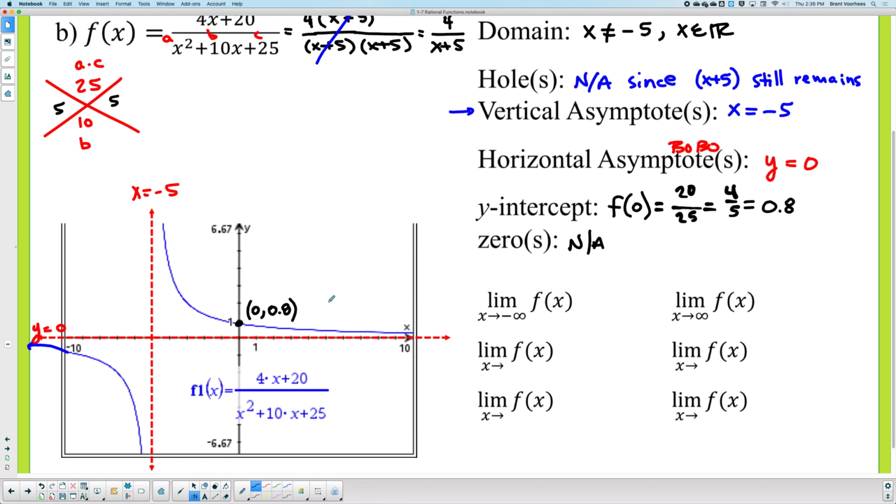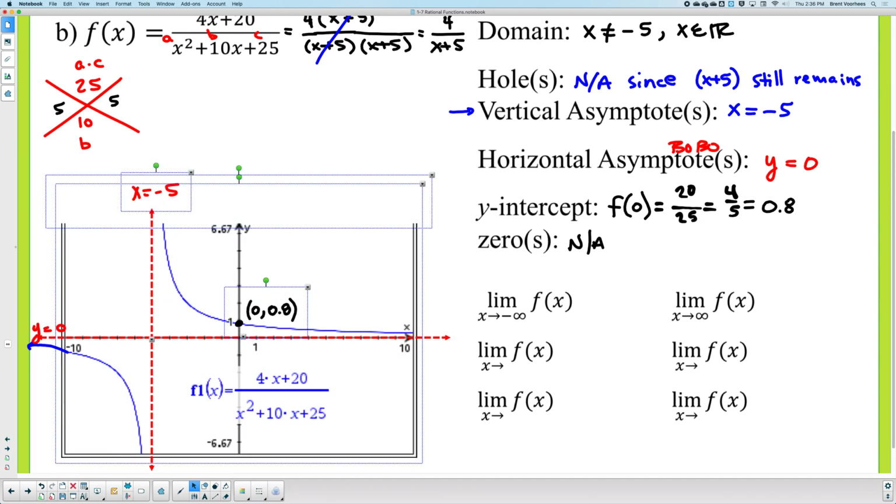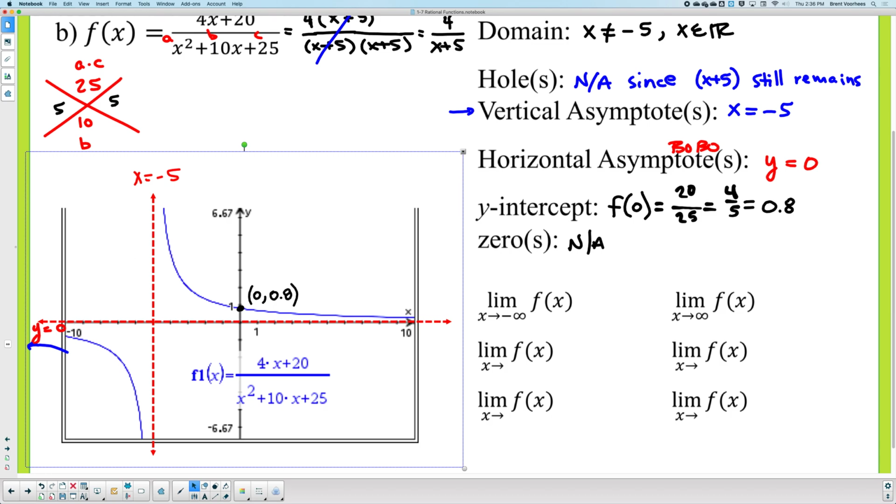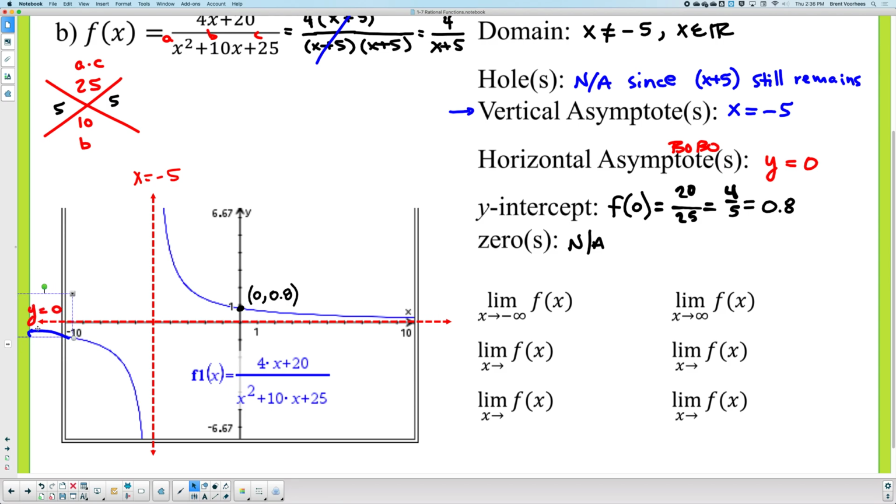And so that would be the appropriate graph there. Okay. And so finally, there we go.